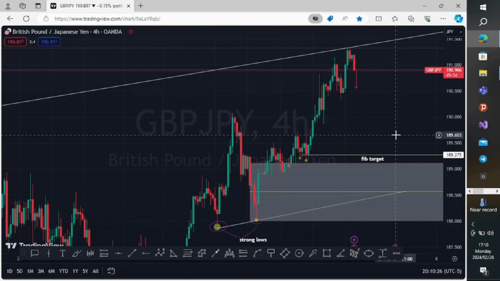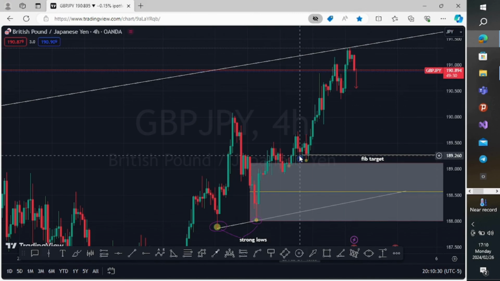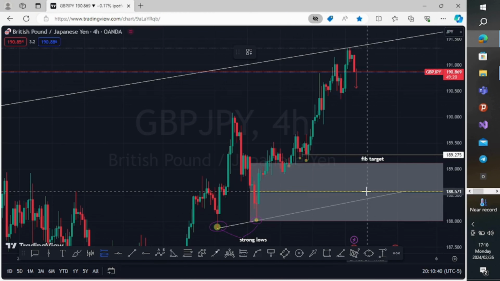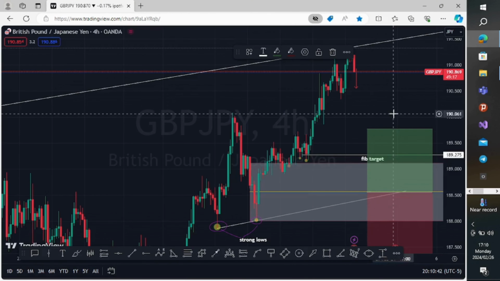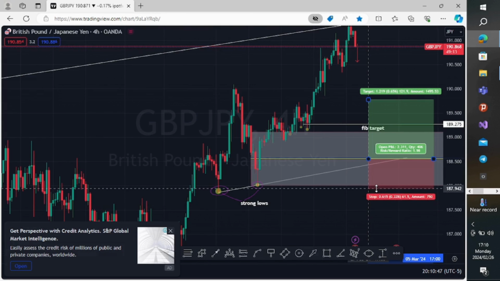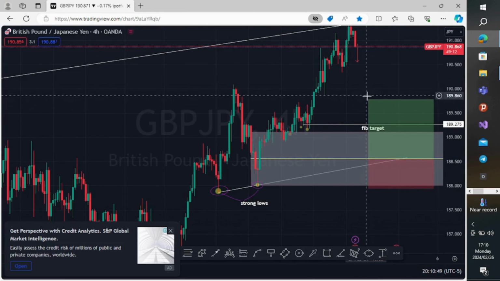You understand? So that's why now this particular area doesn't necessarily become our main target, but obviously our first target is the 61.8 level, but our last main target will be exactly at this area zone, and we can definitely focus on buying around this area.